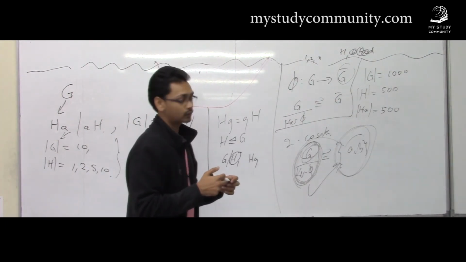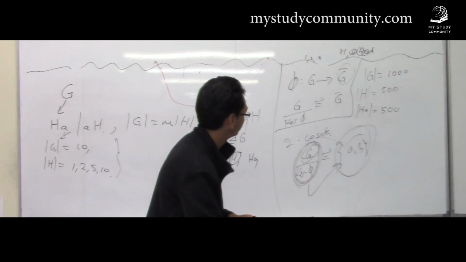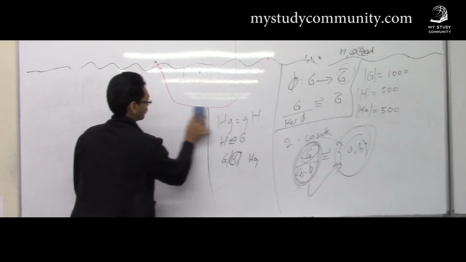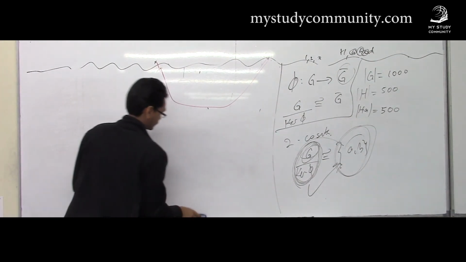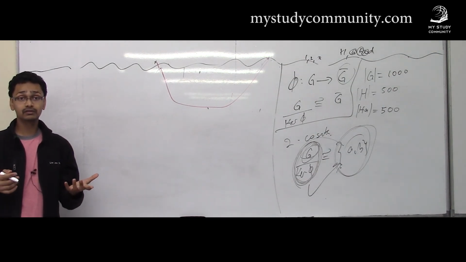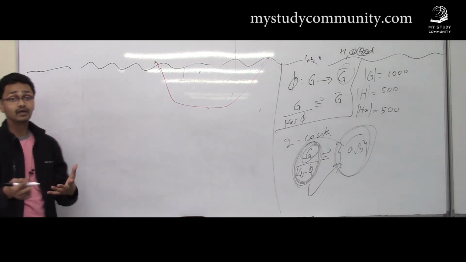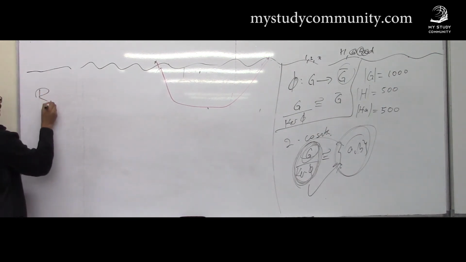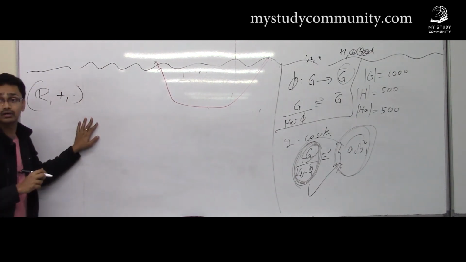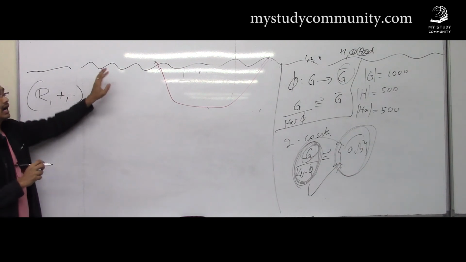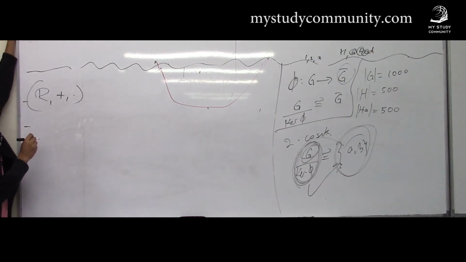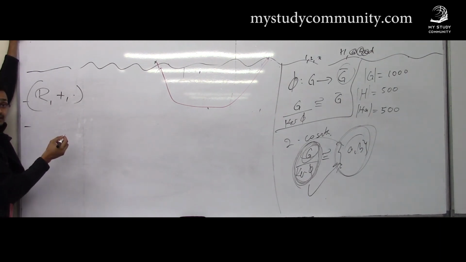From there now, we introduce another binary operation, we call it multiply, and we get something called a ring. So we have a ring now. From rings, we have an ideal as well.